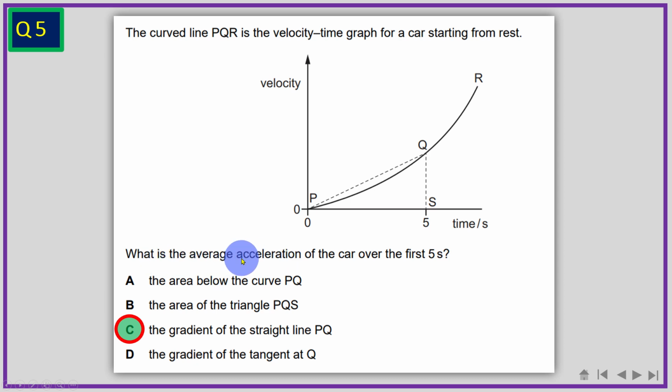For acceleration at a point, we draw a tangent at this point, and then we find the gradient of that tangent. That would be the answer if the question read, what is the acceleration at point Q? But this question is about the average acceleration of the car over the first 5 seconds. Let's go to question 6.